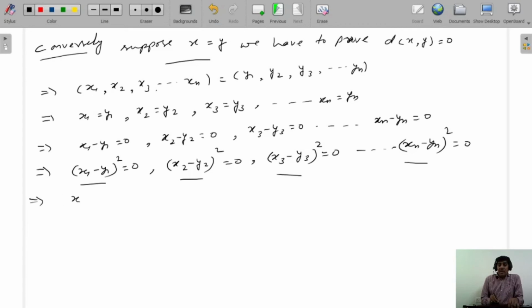This implies (x1 minus y1) squared plus (x2 minus y2) squared plus (x3 minus y3) squared, and so on, plus (xn minus yn) squared, is equal to 0.